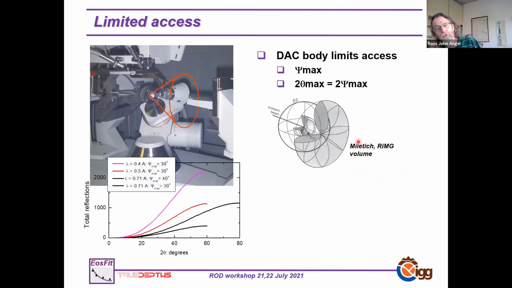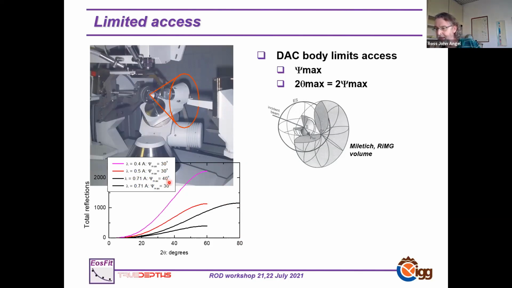With respect to just total data coverage, here's a little diagram of the total number of reflections from a given crystal as a function of 2 theta, summed up as we go with increasing 2 theta, for different wavelengths and different maximum opening angles. I want to make this point here. Look at the black lines. This line here, you get about 1200 reflections to 80 degrees 2 theta with a maximum opening angle of 40 degrees.